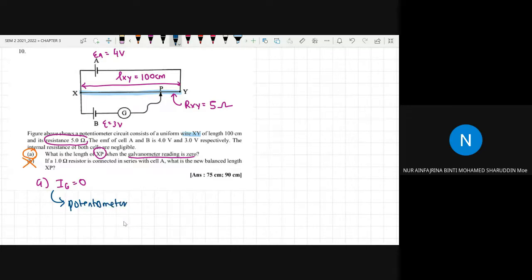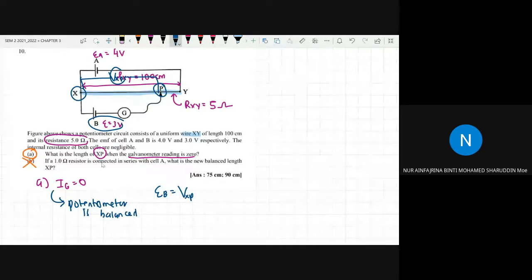So bila potential meter is balanced, meaning you punya reading of EMF here, contohnya dekat EMF B ni, readingnya akan sama je dengan voltage across XP. So dia akan sama je reading dia dengan voltage across XP. Okay, itu maksud potentiometer is balanced.